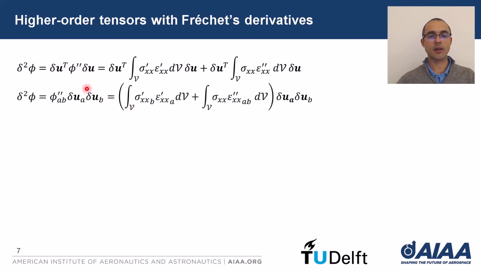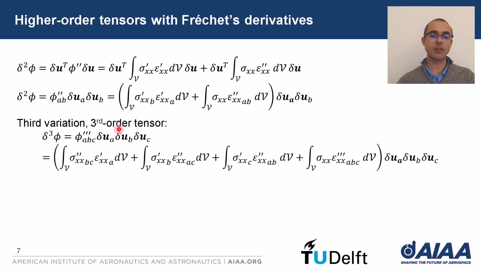And therefore, I proposed in the previous paper to use these sub-indices A and B to represent the order in which we are multiplying the higher order functionals by the respective vectors. So here, if I have a second order functional, I can multiply it by vectors A, B in this order, for example. And this could be extended to third order quite easily.